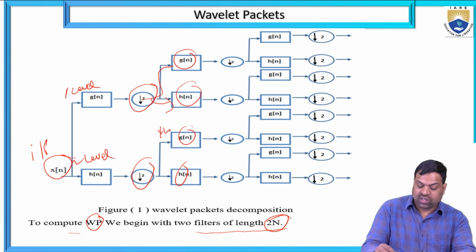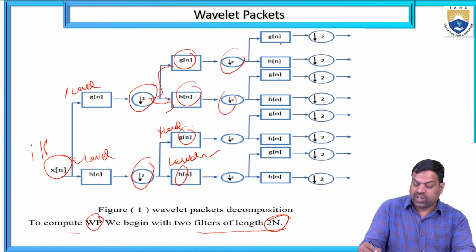So level 1, level 2. Again here g of n, h of n, g of n, h of n, g of n, h of n, g of n, h of n. How many are there? 2 levels. Here also 2 levels, and here also 2 levels.